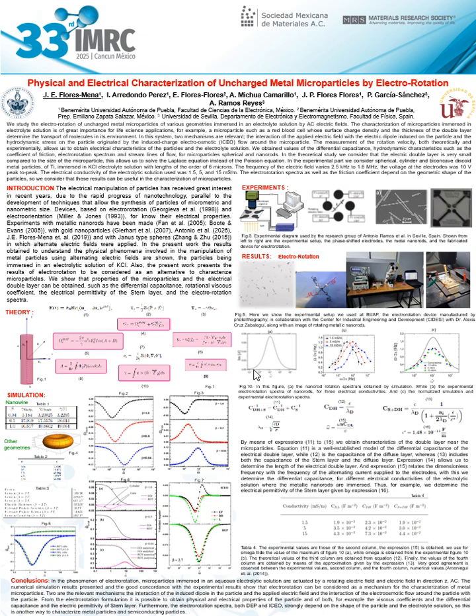It induces an electric dipole of the microparticle that, when interacting with the electric field, produces an electric torque on the microparticles. But also, because the microparticles are immersed in an electrolytic solution, a double electric layer is formed around the microparticle.